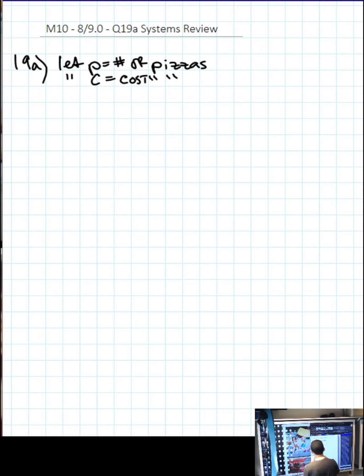Okay, so we have two variables. So let's go for P comma C, because cost depends on the number of pizzas and Y depends on X. So our 2 points are, if we make 100 pizzas, it's 550. And if we make 200 pizzas, it costs 1,050.